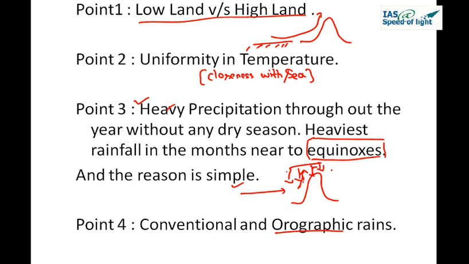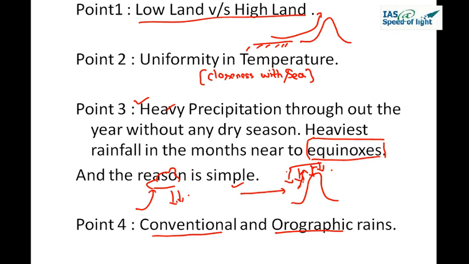So actually we define three types of rains. The first is convectional rain, where water evaporates, condenses as a cloud, and then rains. Orographic rainfall we have already discussed. When the air is pushed up by the obstruction of a hill, it moves up, the temperature gets lower, it condenses, and then it rains.